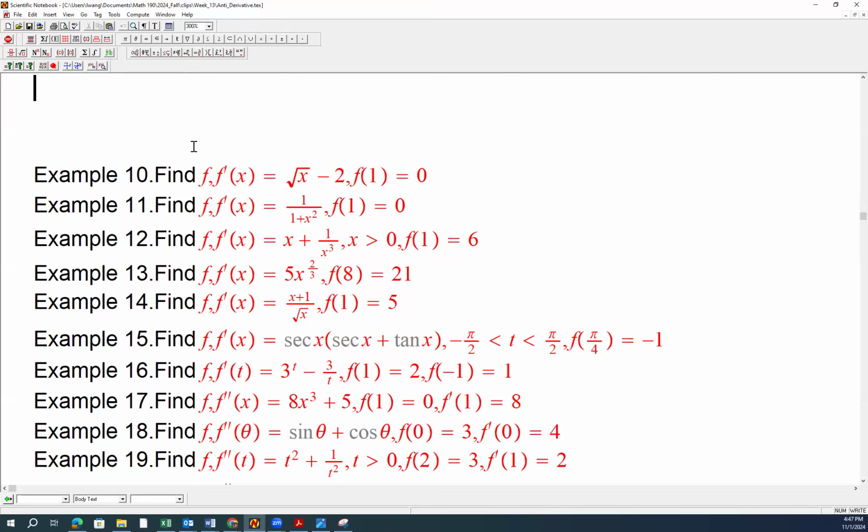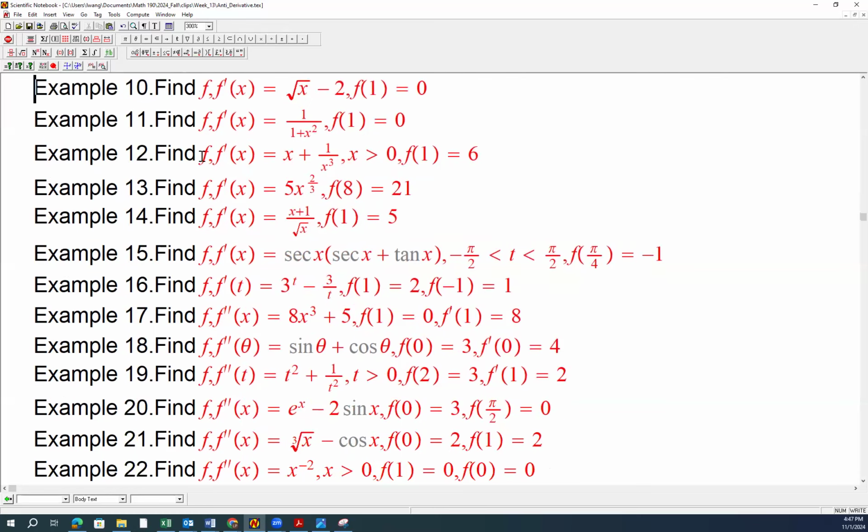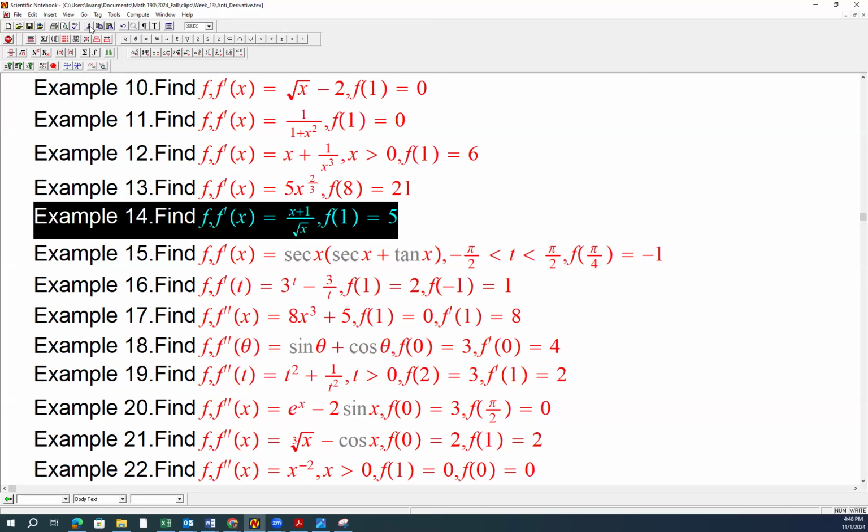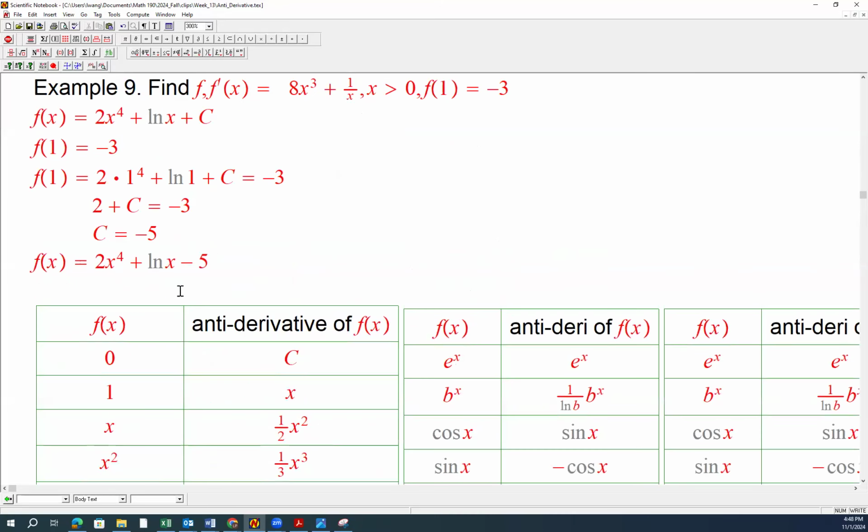I think you guys can handle it. These are mostly homework questions, and here they are. If you want, you can pause and do it right now. I'm going to get to number 14.